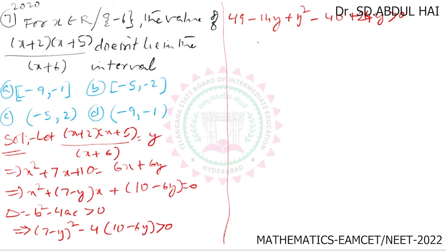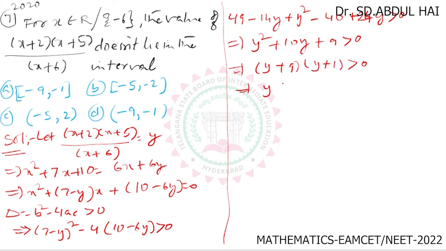So which gives me y square plus 10y, 49 minus 40 is equal to plus 9, greater than 0. So the factors are very simple. 9 ones are 9, 9 plus 1 is equal to 10. Therefore the factors are nothing but y plus 9 into y plus 1 greater than 0.